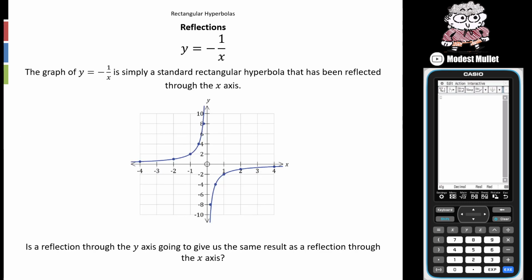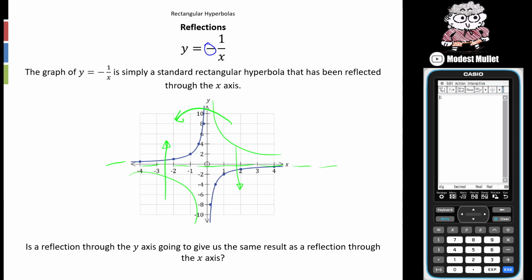So really quickly, if there's a negative in front, the graph is effectively being reflected through the x-axis, so it's essentially flipped about that. What was up here is now down there, and what was down in this quadrant is now up in that quadrant. What's special about hyperbolas is that reflecting about the x-axis like that would actually give us the same graph as reflecting about the y-axis.